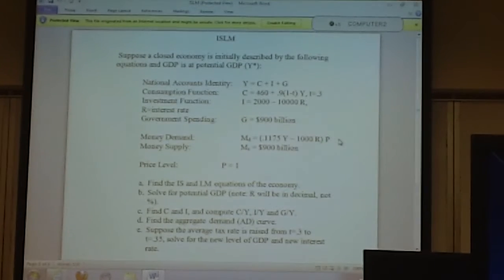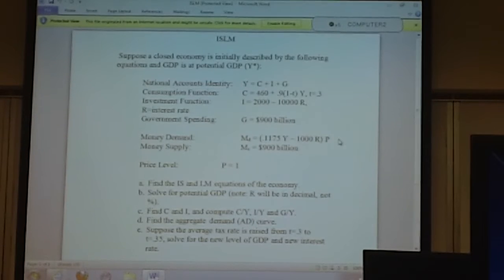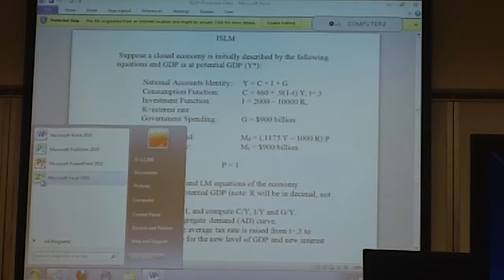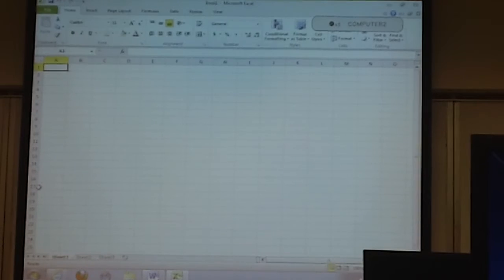Now let's take a look at this. We'll start with this IS equation. We'll start with Y first.